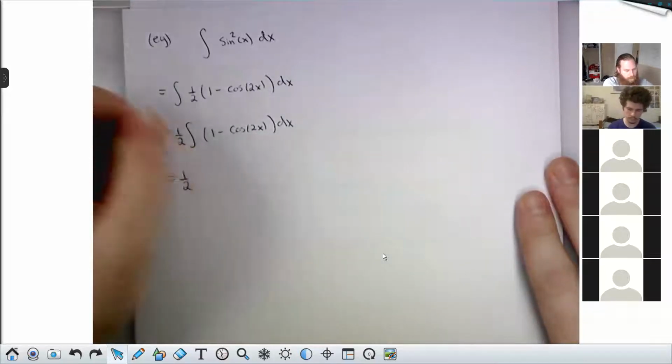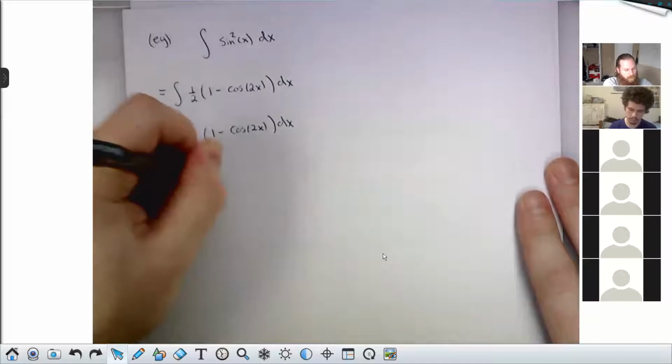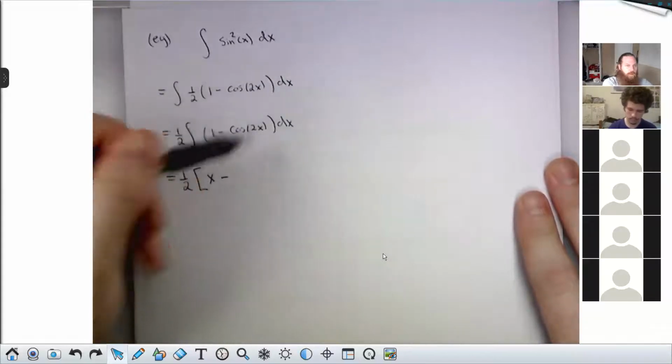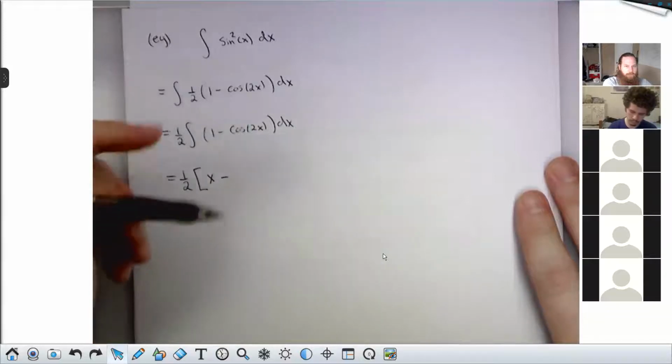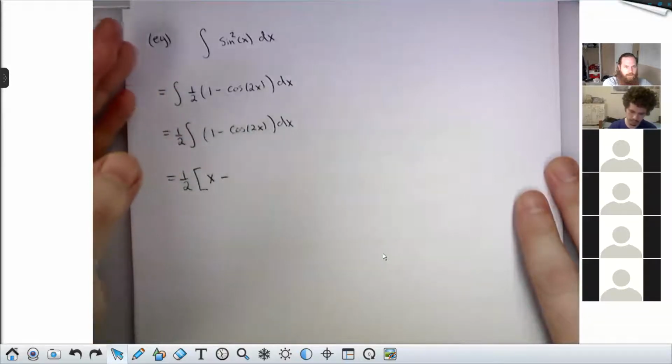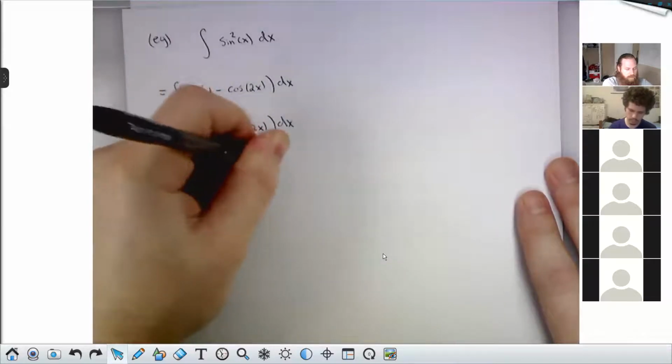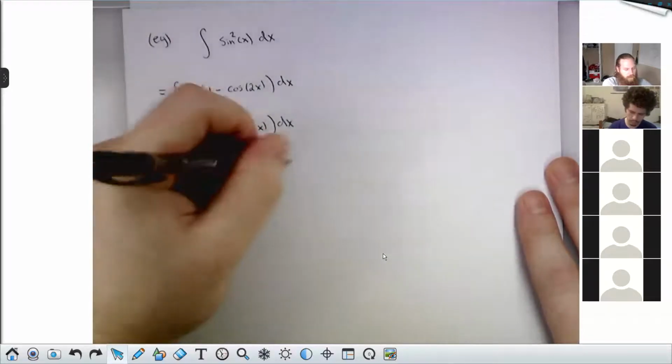So my antiderivative here is x minus, what is an antiderivative for cosine of 2x? Sine of 2x over 2. Yeah, that's what I meant. Good.